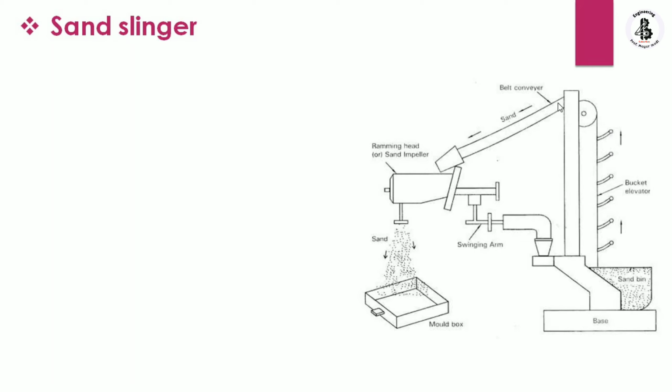By the application of the belt conveyor, the sand now goes into a sand impeller, or you can say ramming head. By this ramming head, what happens? By force, the sand is thrown forcefully into the mold box, and this is our swinging arm. By this swing, the sand particles forcefully pack the overall mold box.